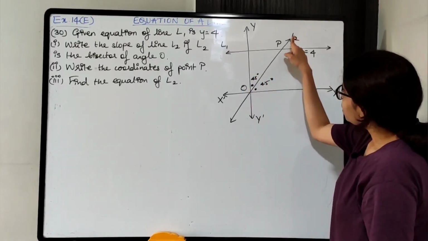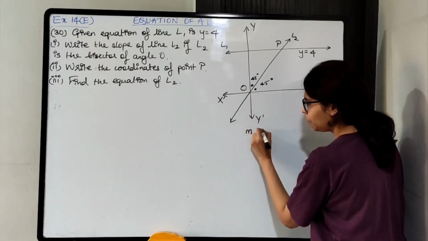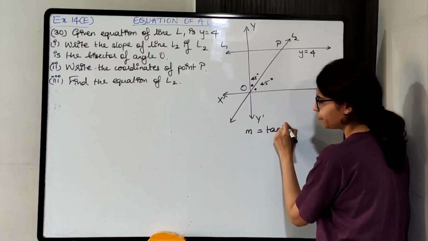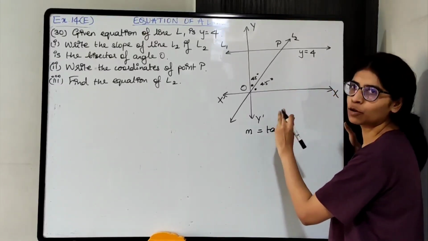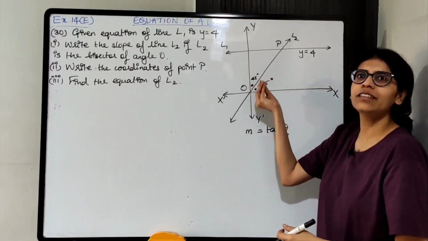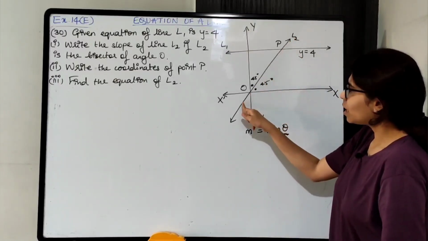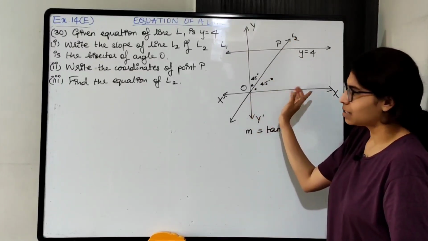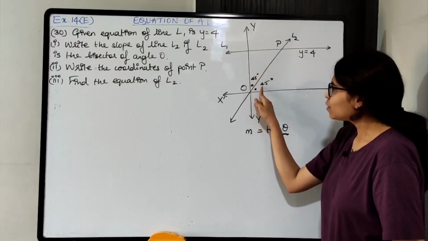So we need to find the slope of L2. Slope, that is M, is nothing but tan theta. Okay, it is related to the inclination, that is angle with the positive x axis. So indirectly you are given the angle with the positive x axis. L2 का angle with x axis, positive x axis से L2 जाओ, till L2 it is 45 degrees.